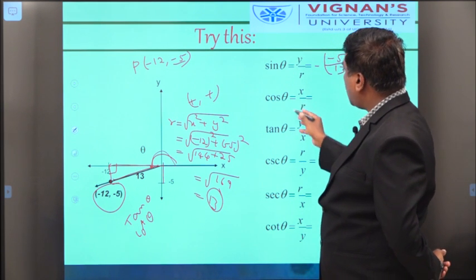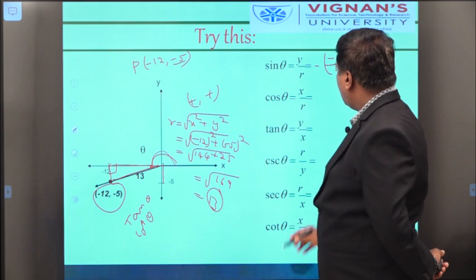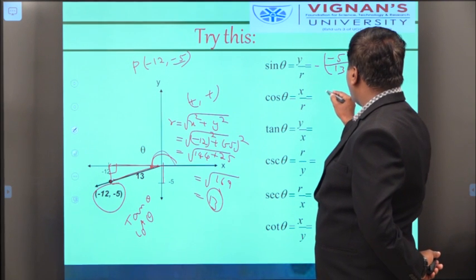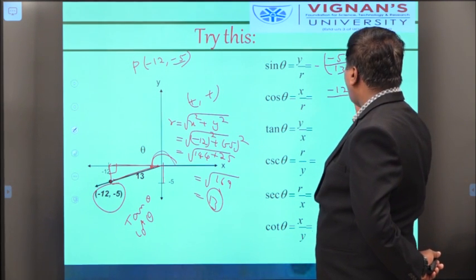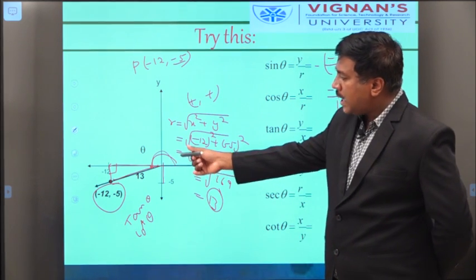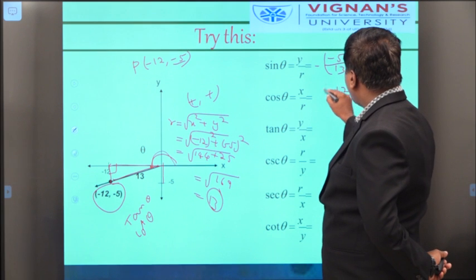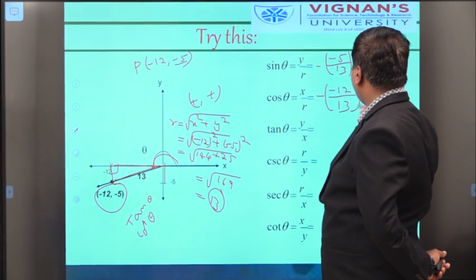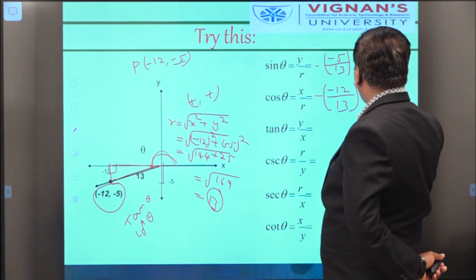Similarly, cos theta equals x by r. The x coordinate is minus 12 and r is 13. Because theta lies in the third quadrant, cos theta is negative, so it is minus 12 by 13.